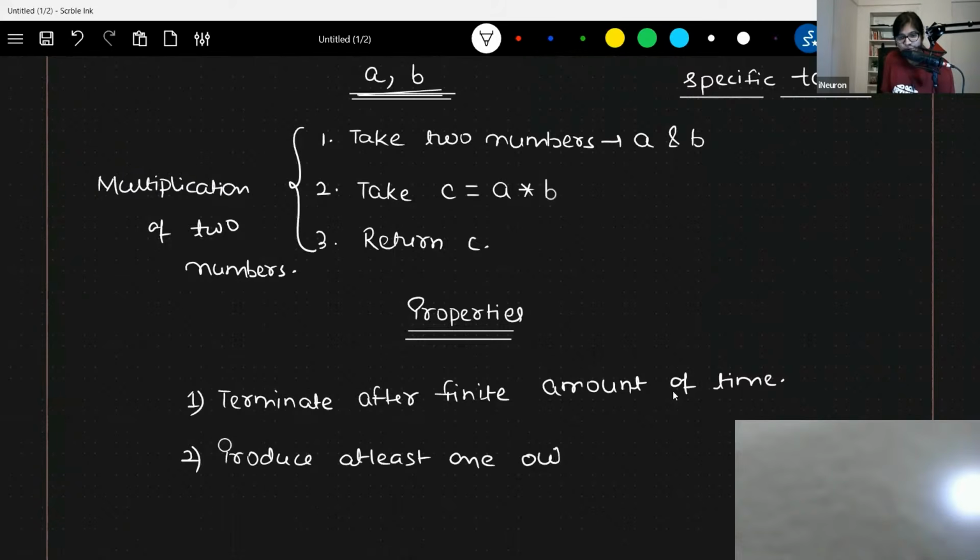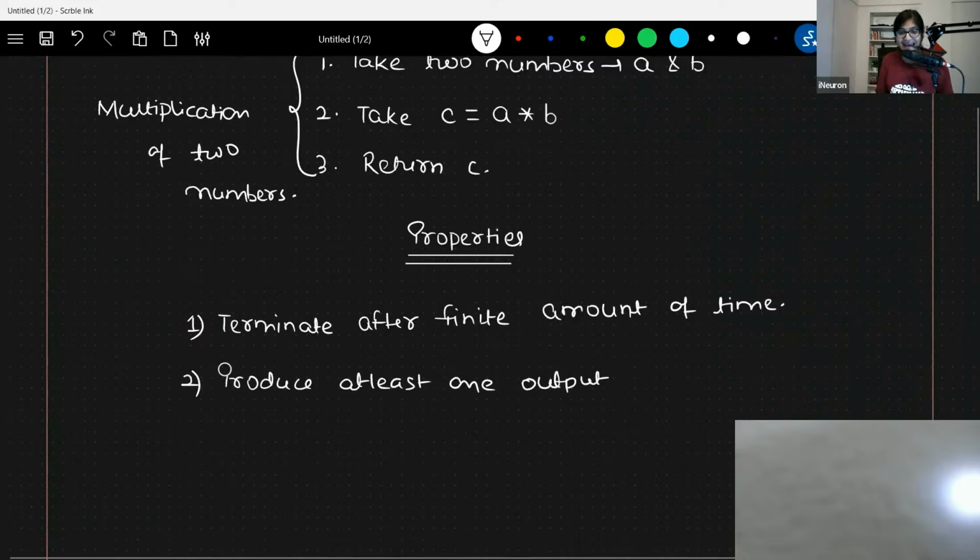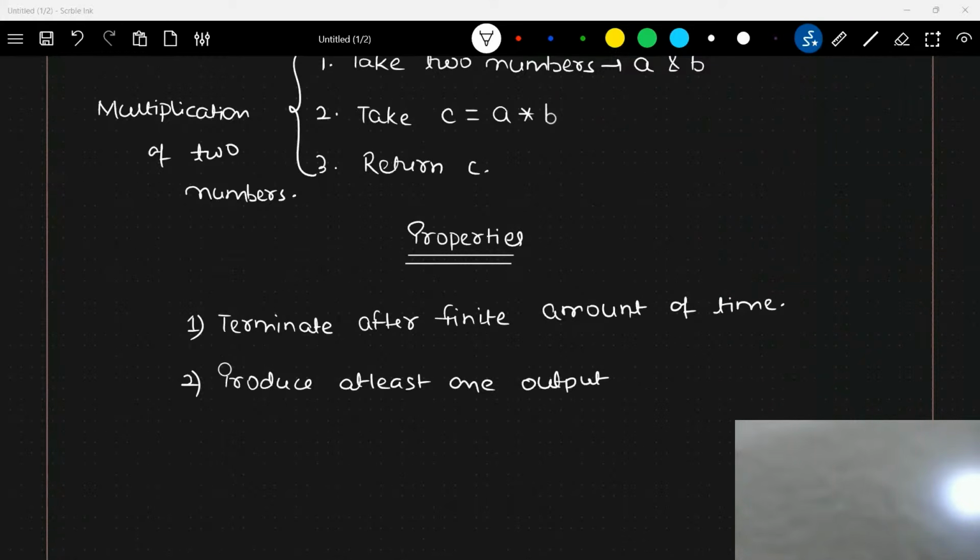You can expect more than one output as well. What's the reason behind that? You want some specific output, right? For example, here I have written the code for multiplication of two numbers, so what I want is the result as a multiplication of A and B. So our code should produce at least one output here, right?